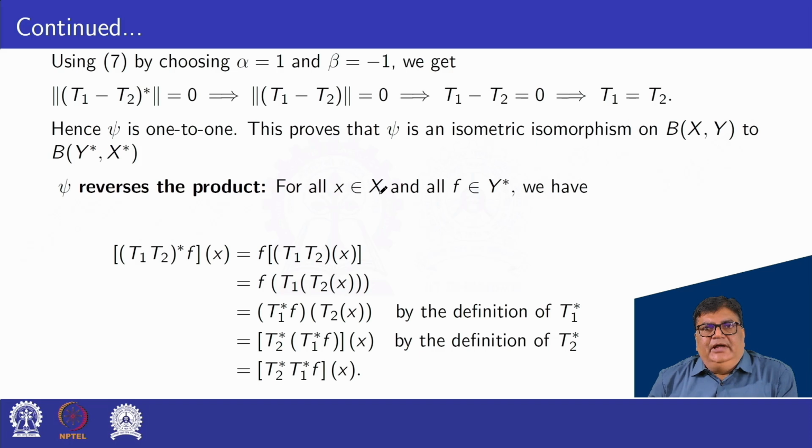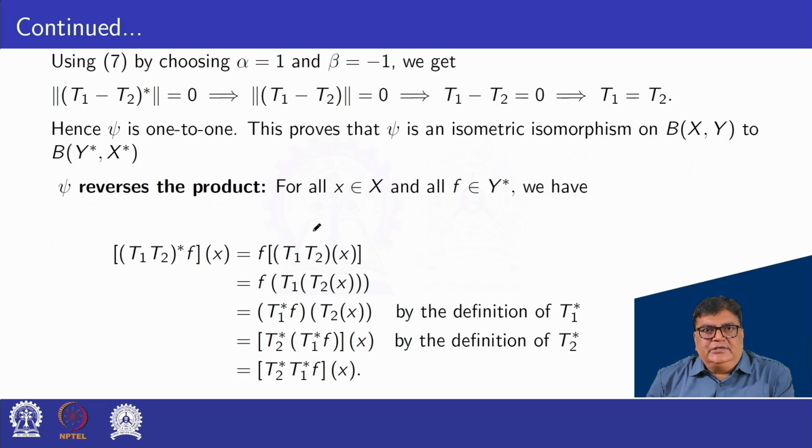For all x belonging to X and f belonging to Y*, we have (T1T2)* f (x) is equal to f(T1T2 x) as per the definition of the adjoint. Okay. So T1T2 x, that is the meaning of the product of T1 and T2. Okay. So that is composition of T1 and T2.